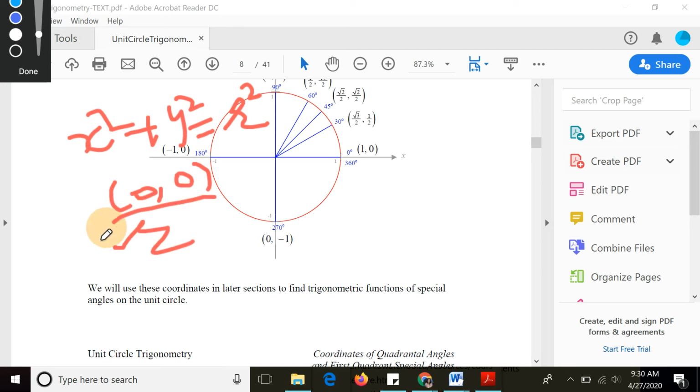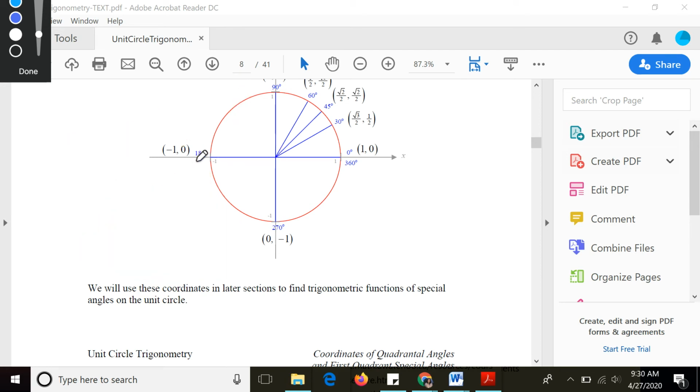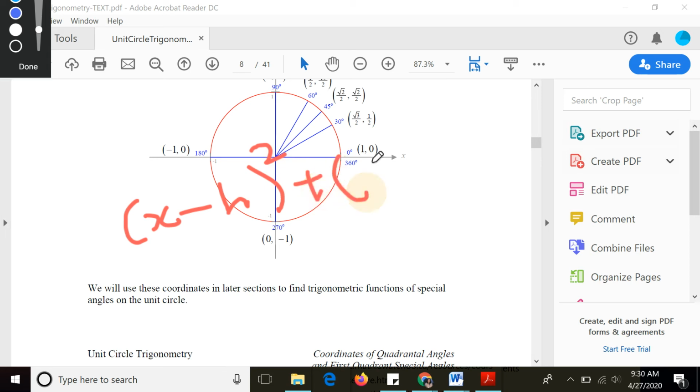Now I'm not going to touch on what changes in the equation when the center changes. If you are interested, I will just give you the equation here. The equation of a circle, if your center is not 0, which we don't need at this point, but I'm going to mention it: (x minus h) whole squared plus (y minus k) whole squared is equal to r squared. What are h and k?